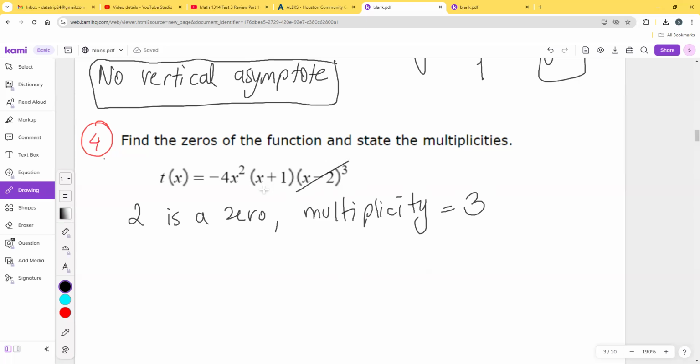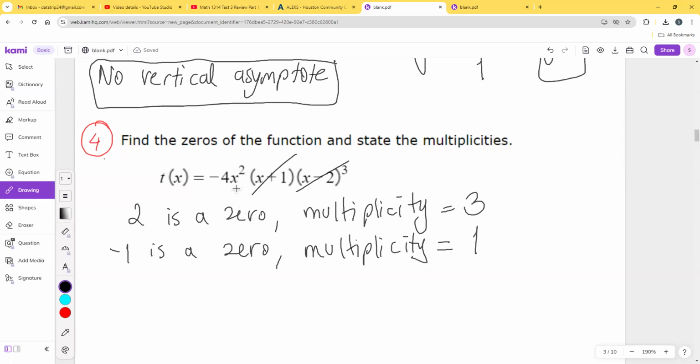So what does x plus 1 give me? Negative 1 is a 0. And what is the multiplicity? 1. If there's no exponent, it means it's 1. So we also used x plus 1. Do we have another 0 here?